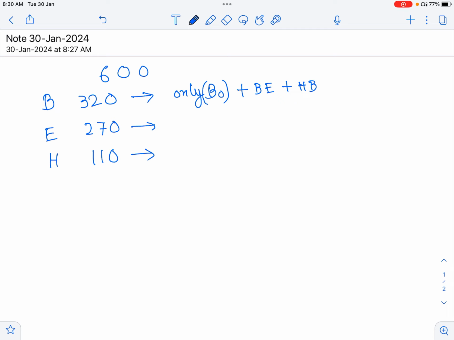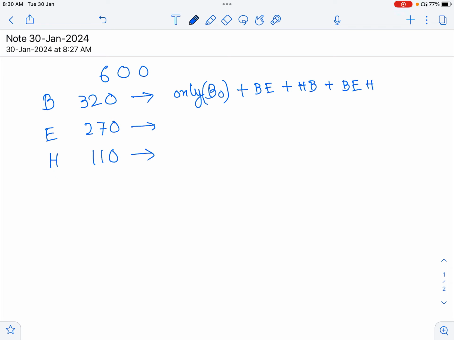So this type of students is also included in this 320, and there is another type of students who learn English and Hindi along with Bengali, and we denote them by BEH, Bengali, English and Hindi.